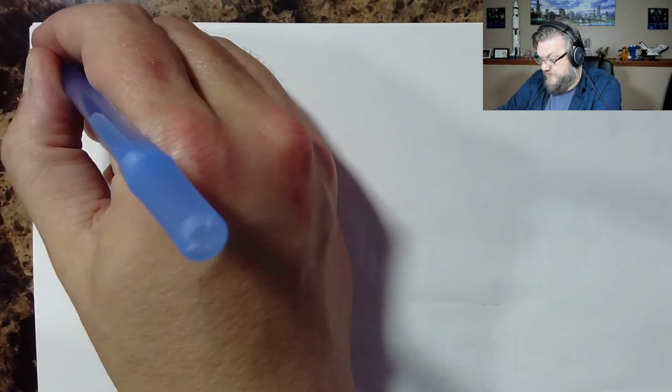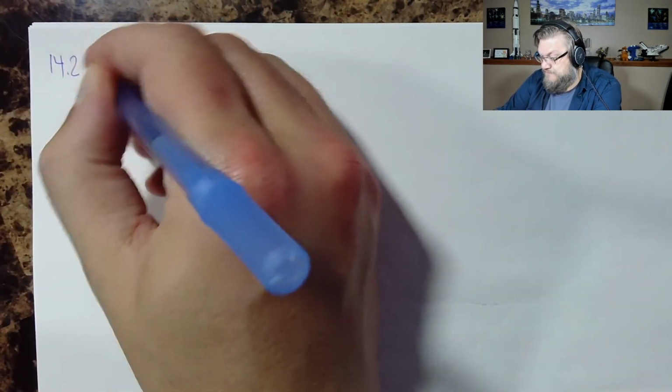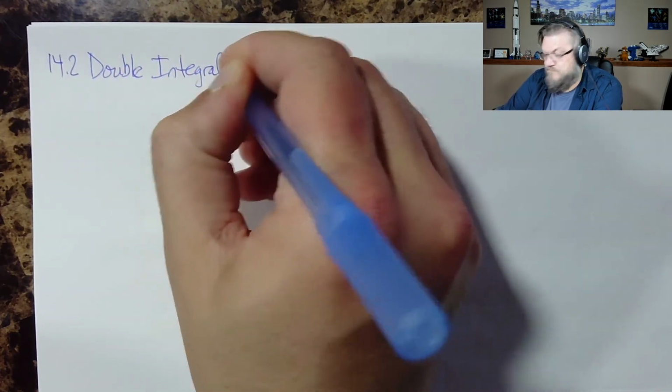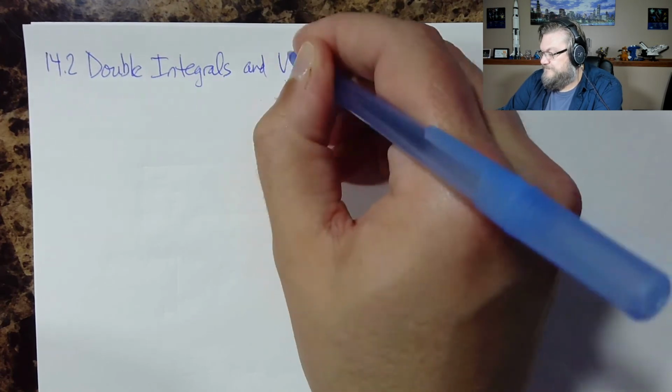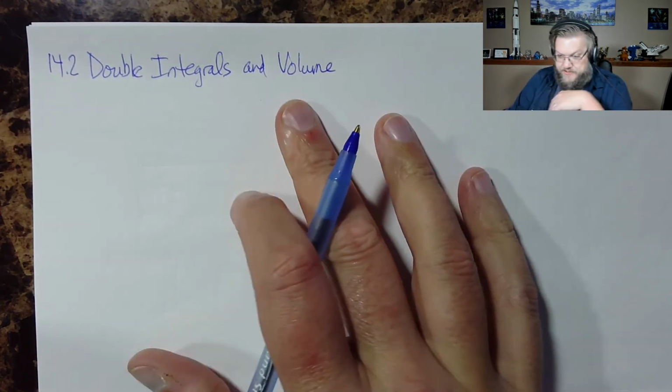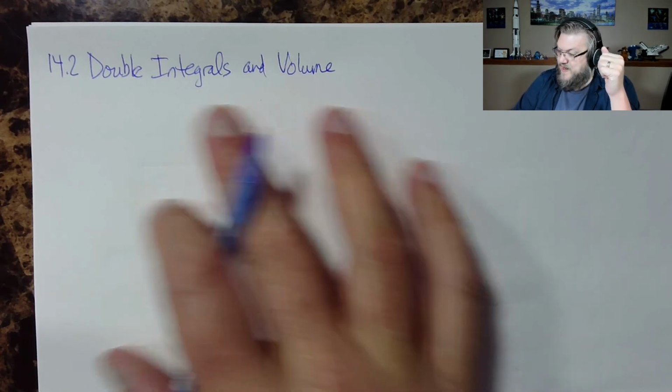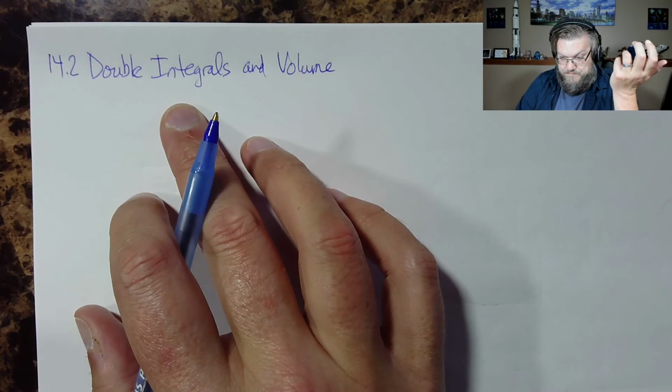We've now seen that these iterated integrals can be tied with area, but that's not their main goal. Their main function is to be used in the process of finding double integrals and finding volume. So what I'd like to do is conceptually argue what we should call a double integral.